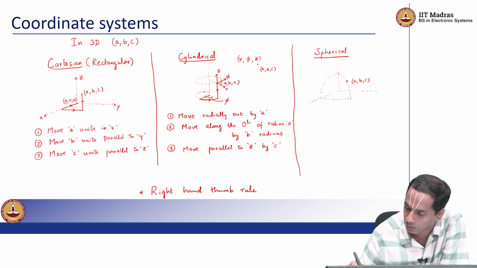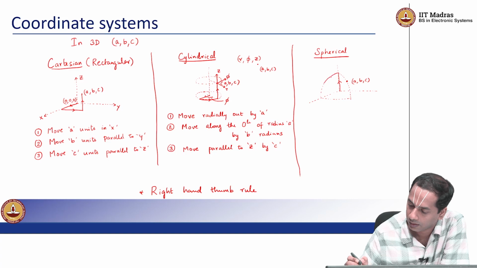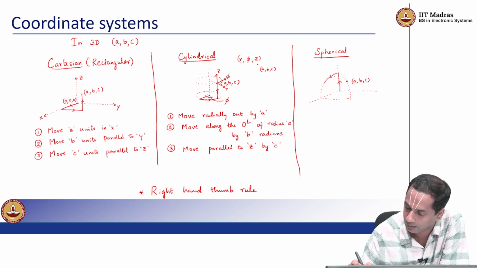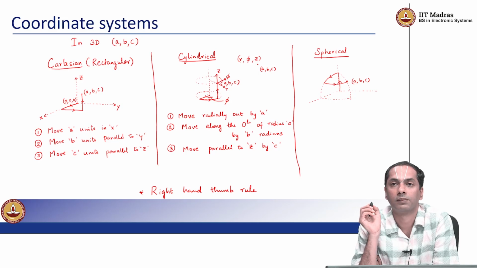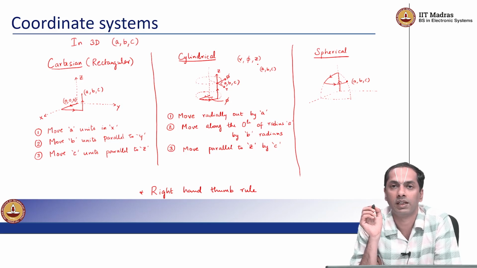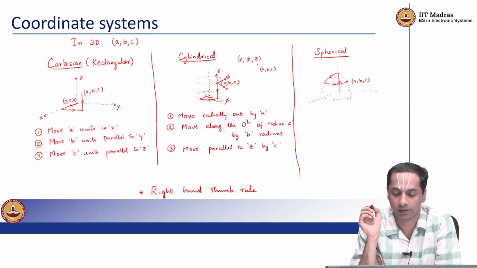So first I move out radially from the origin, and then I descend, and then finally I move along the sphere, right? So you can think of B and C are essentially latitudes and longitudes, right?